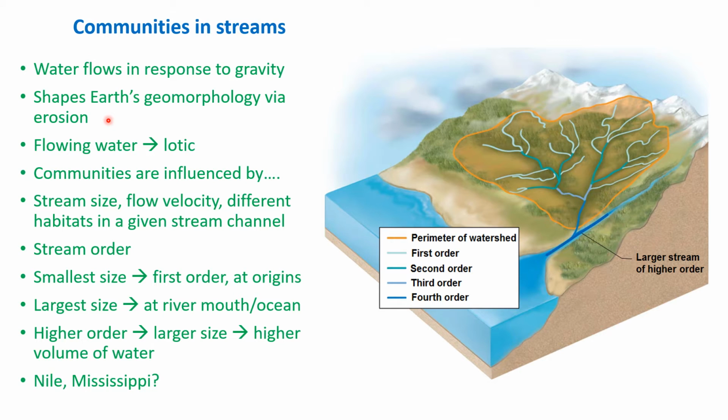In North America, as all of you know, the largest river is the Mississippi. I think it's about 9th or 10th order when the Mississippi meets the ocean. The Nile, the largest river in the world, I think the order is about 12.